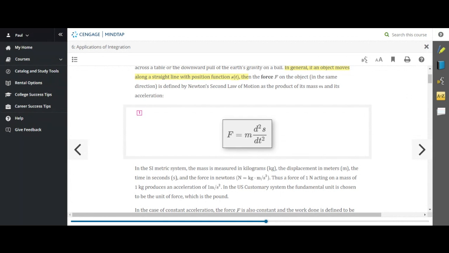Let me just go to the whiteboard real quick. So this is position, right? How many recall position from Calculus 1? A position function.